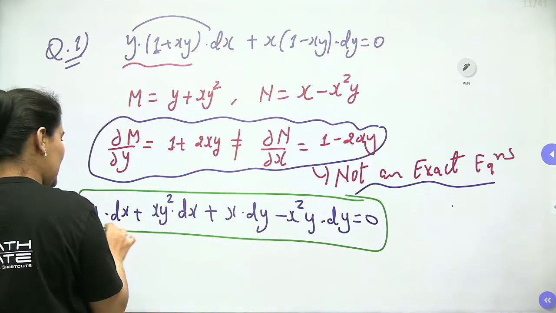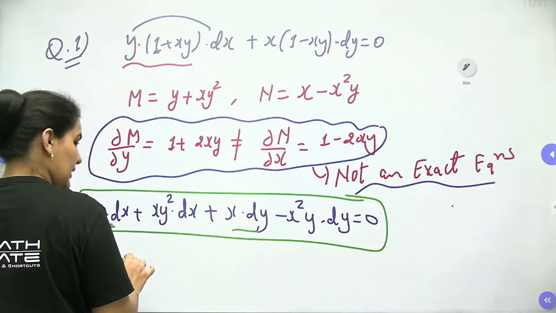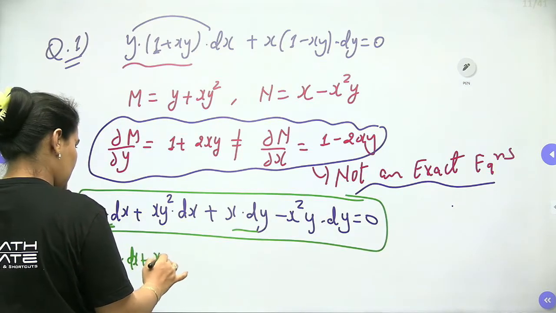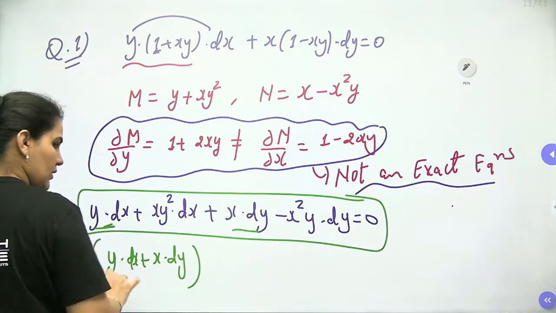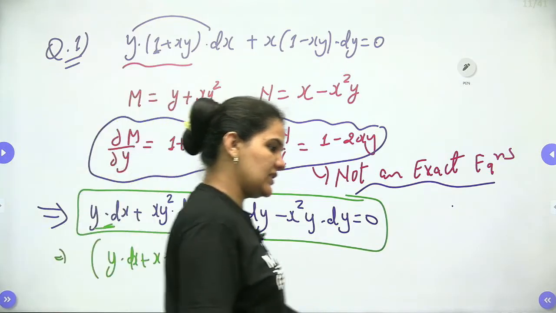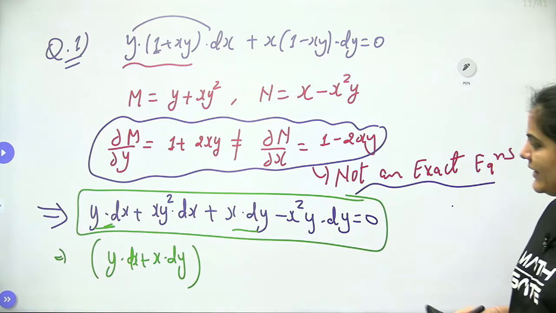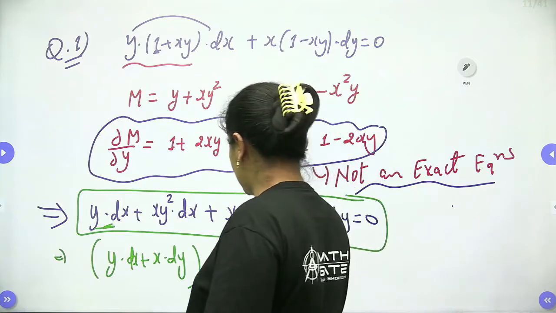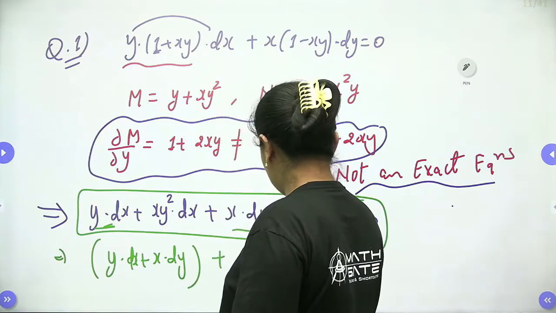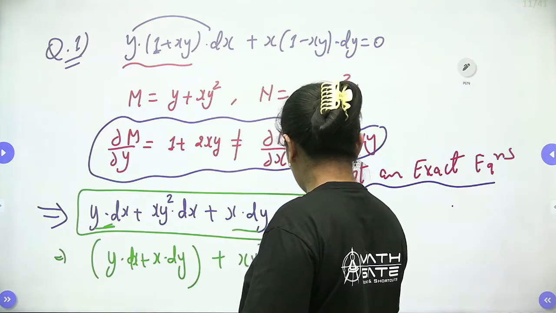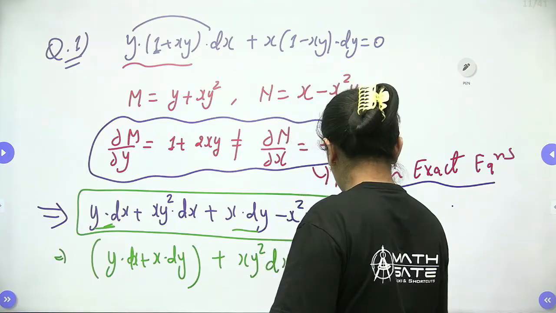We group y dx + x dy. Let's write down the remaining thing: xy² dx - x²y dy = 0.